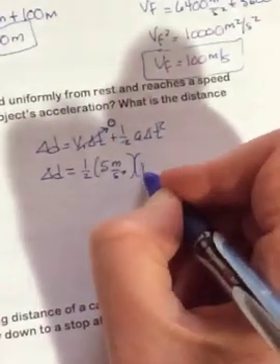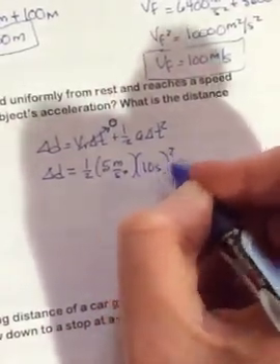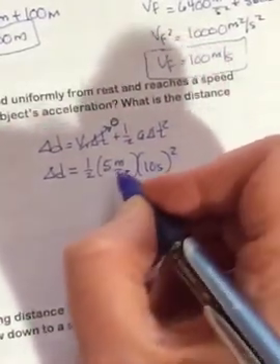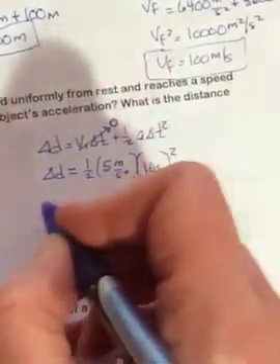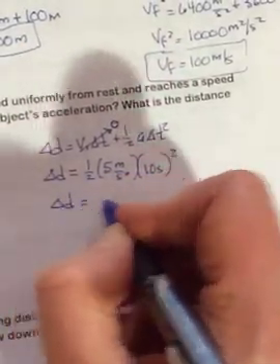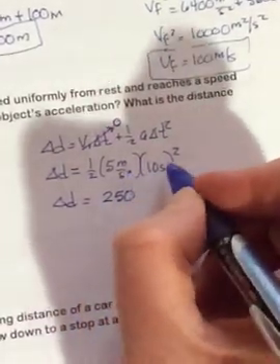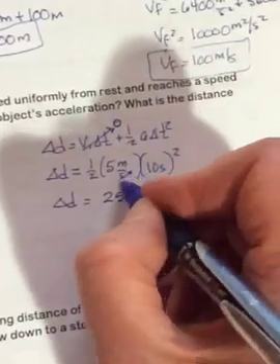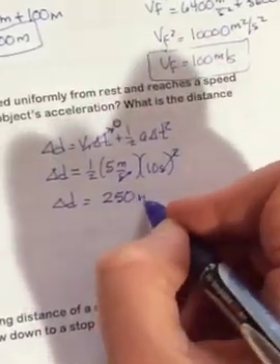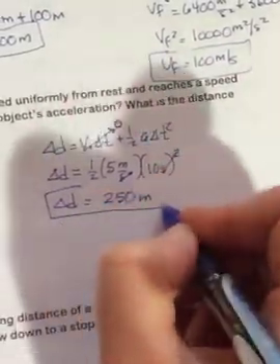And the time they told us was 10 seconds. So square your 10, that makes 100, times 5 is 500, take half, it'll be 250. Look at the units again, meters per second squared times seconds squared, so the seconds squared will cancel, and you'll be left with meters. Done.